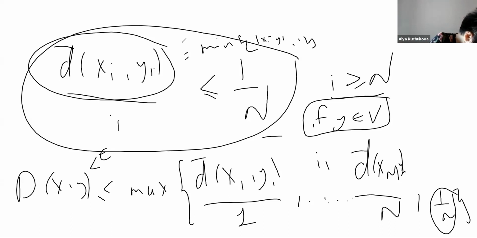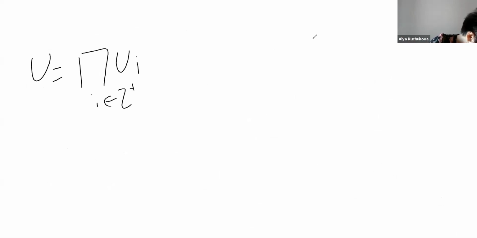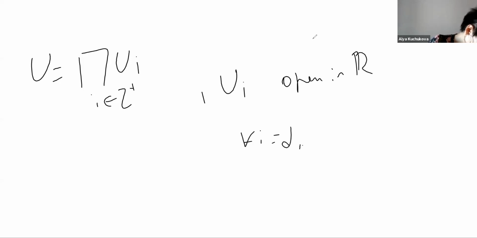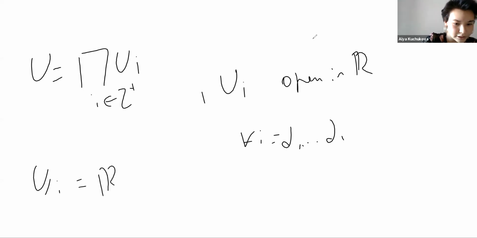Okay, and now what we want to do is look at some basis element U, which is some cross product, for the product topology, of U_i, where U_i is open in R for i equals alpha_1, ..., alpha_n, and then U_i equals R for all other indices, right?